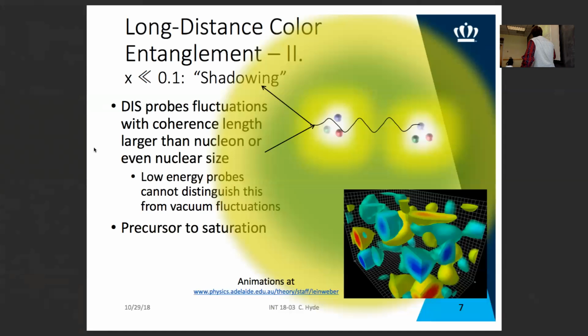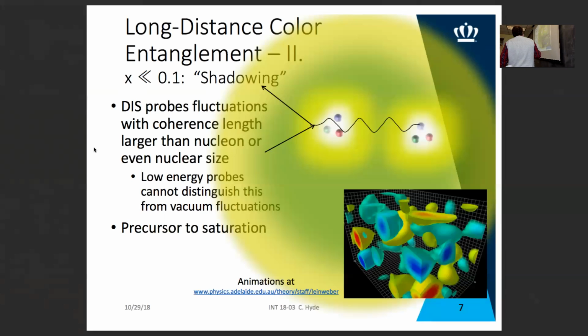Either you think of the photon as materializing as a colored dipole, a QQ bar pair, where one quark interacts with one nucleon and the anti-quark interacts with a different nucleon behind it, or there is some color correlation. We talk about color van der Waals forces, so there could be some long distance color correlation, or color entanglement, between the state in here and the state in here, color polarized.